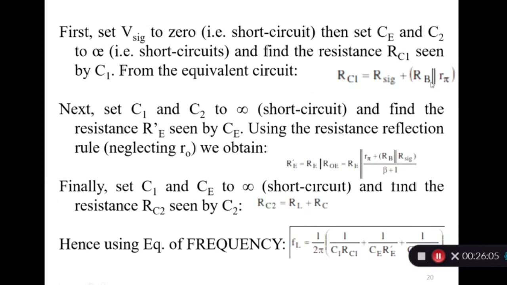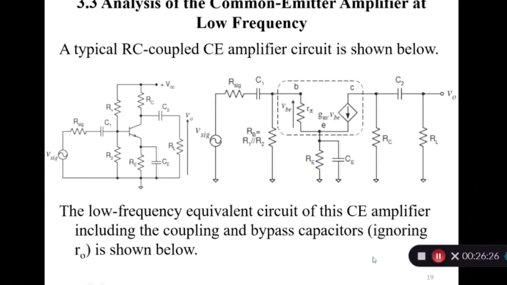Why I am calculating resistance? Because we already have the C1 in the circuit. So we can put the frequency like this one, FL equal to 1 upon 2 pi into RC1. This is RC1.